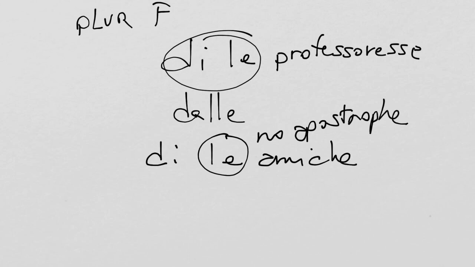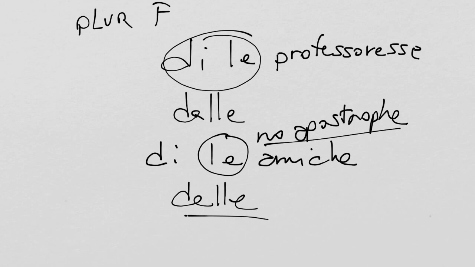It remains le amiche. Therefore, the preposition will simply be delle amiche. And here once again is a summary of the various forms: del, dello, della for the feminine, and then dell' with an apostrophe in front of a vowel, and that is both for the masculine and the feminine, of course.